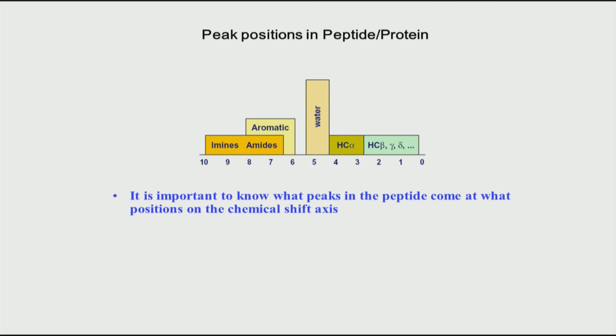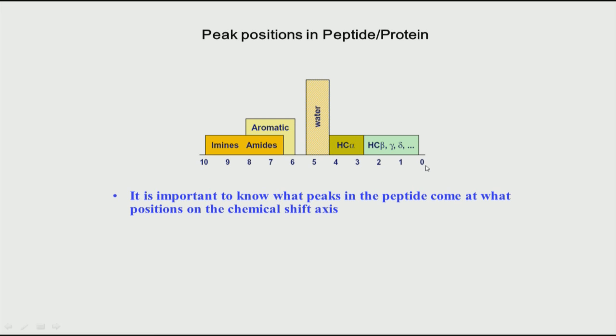Now suppose I record a 1D spectrum of a peptide. What kind of spectrum do I expect to get, and what are the different chemical shift values? This is just a static slide. Down the line we will see a real 1D NMR spectrum of a peptide, but right now this slide just tells you the rough positions where the different functional groups in the peptide will come.